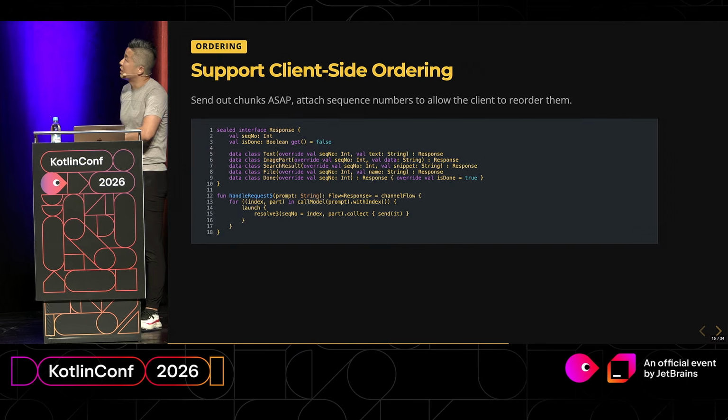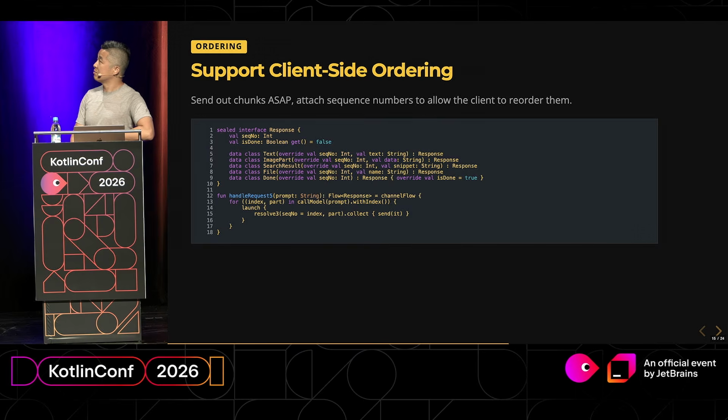If you need client-side ordering, there's additional effort you need to pay. You can do that by sending back the sequence number, or in general, some additional metadata. That can be used by the client to know which chunk should be placed at what position. So here, we are going to send back a response class.